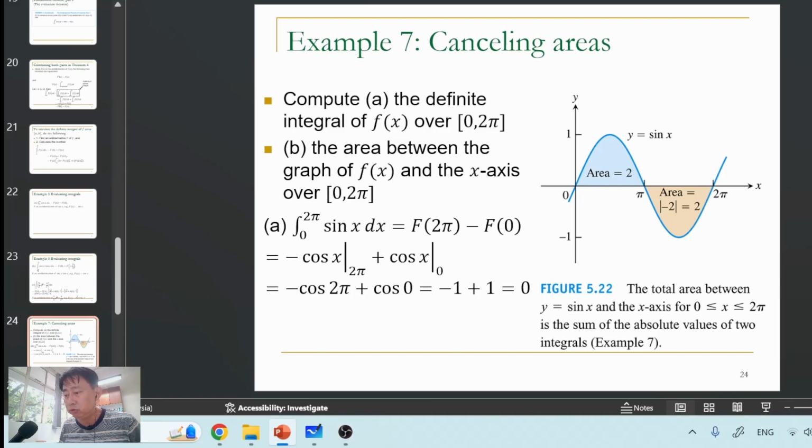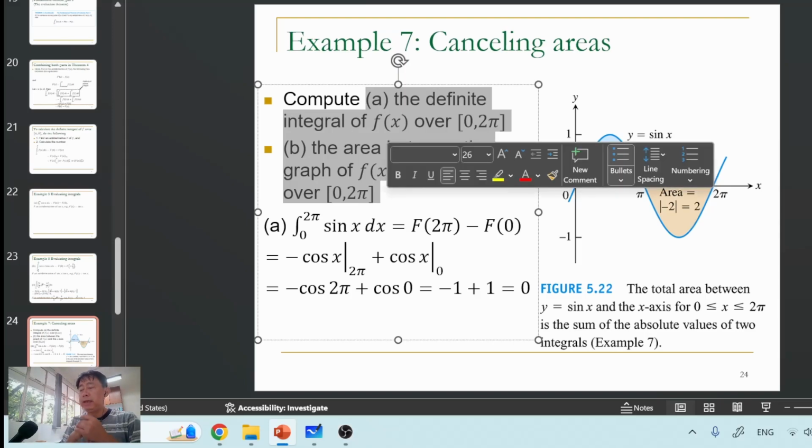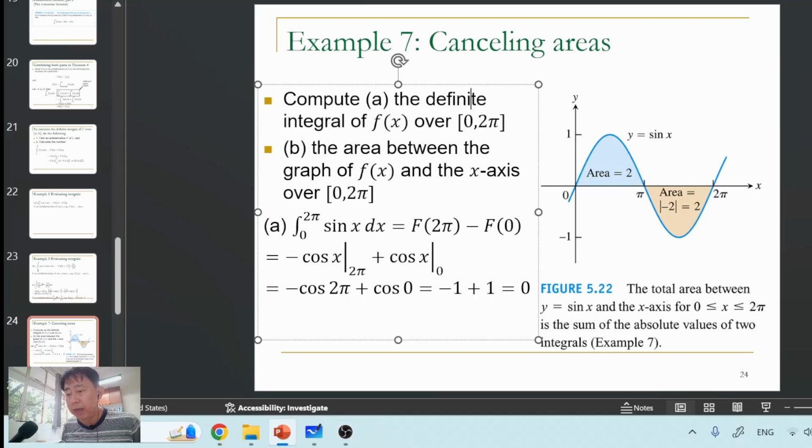There are actually two questions in example 7. The first question, A, is to calculate the definite integration of the function between 0 and 2 pi. This is quite straightforward. The second part of the question is to calculate the area between the graph and the x-axis.